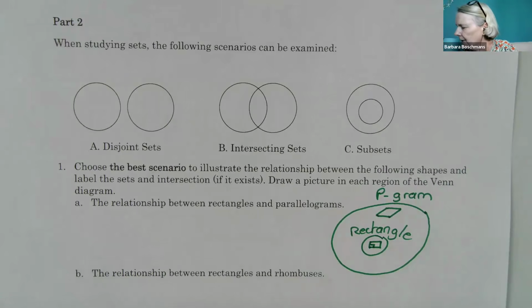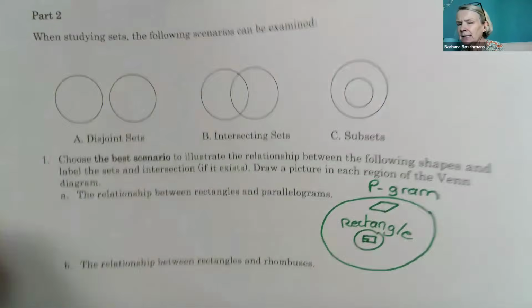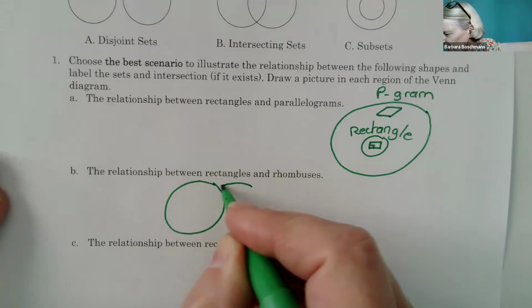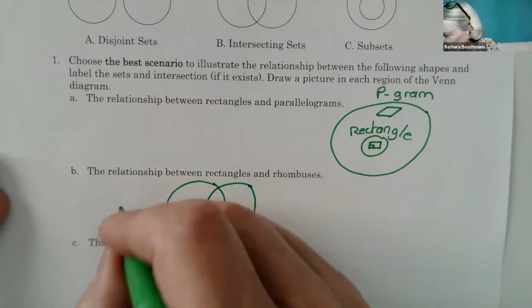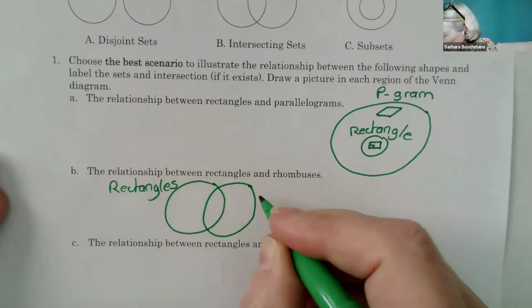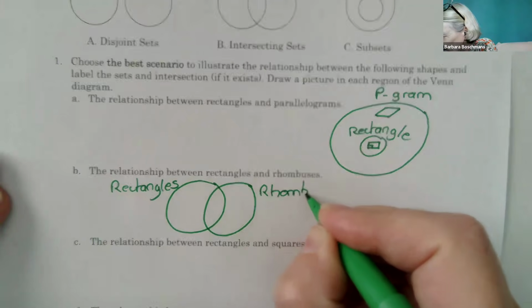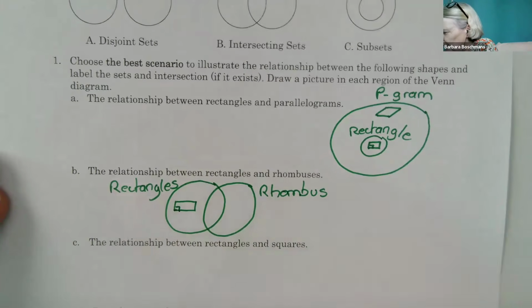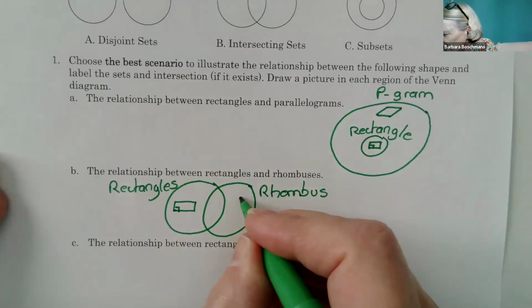Let's see, a rectangle and a rhombus. A rhombus is a parallelogram with four congruent sides, and a rectangle is a parallelogram with one 90-degree angle. The rhombus doesn't meet the 90-degree angle, so I'm going to say that these are intersecting. We're going to draw this rectangle and then a rhombus.